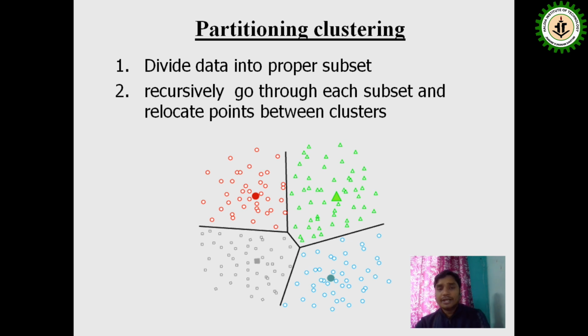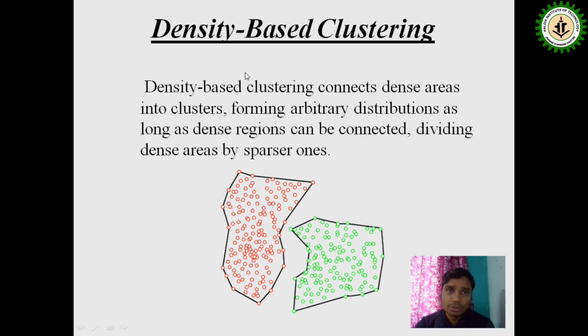The next type of method is called the density based clustering method. The density based method connects highly dense areas into clusters, and arbitrarily shaped distributions are formed as long as the dense regions can be connected.